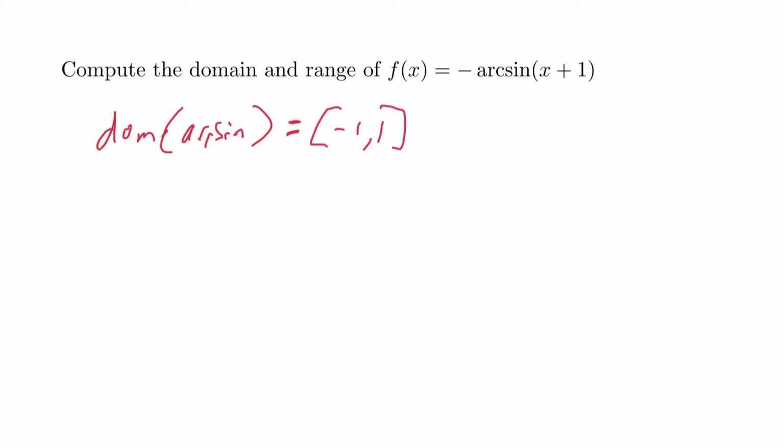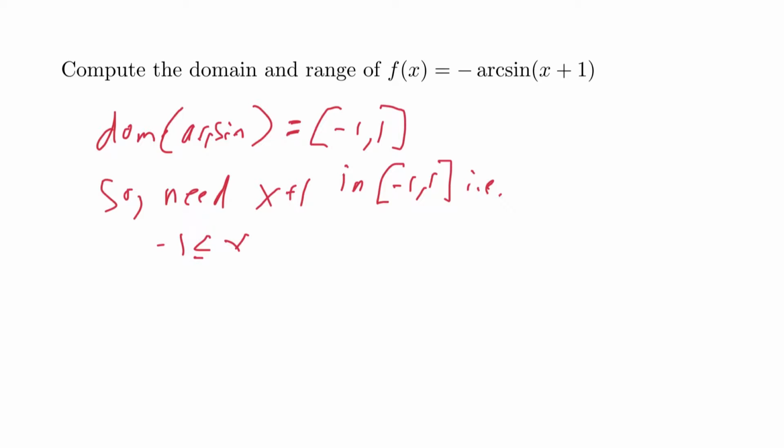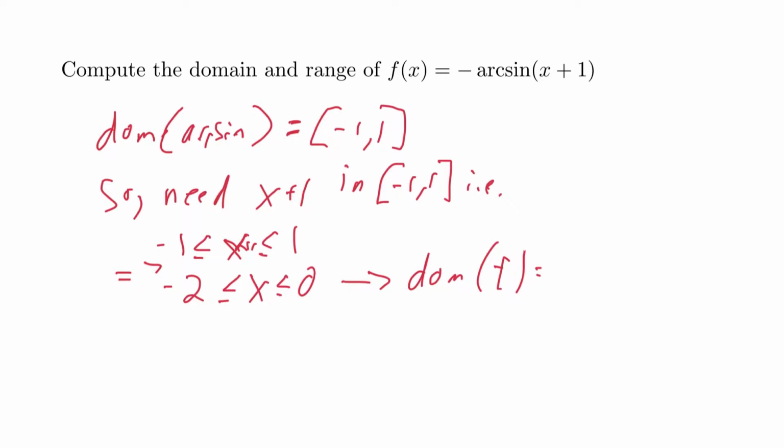So what happens when I translate by this plus 1? I need x plus 1 to be in the interval minus 1 to 1. So I solve for x, and I get that this is my new domain. It's minus 2 to 0.